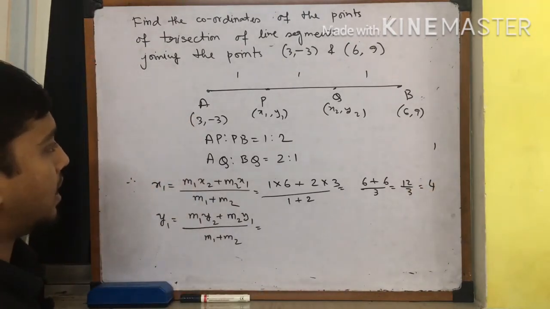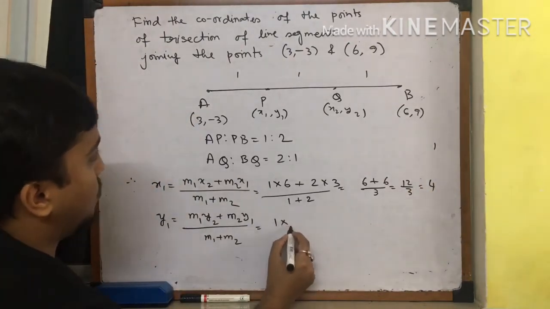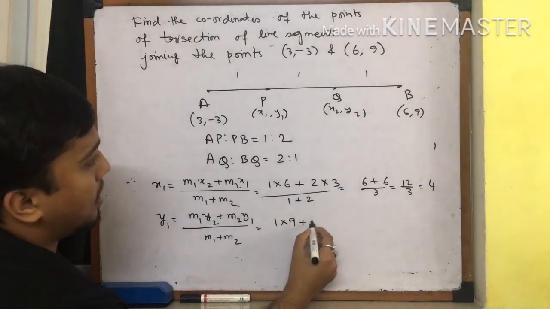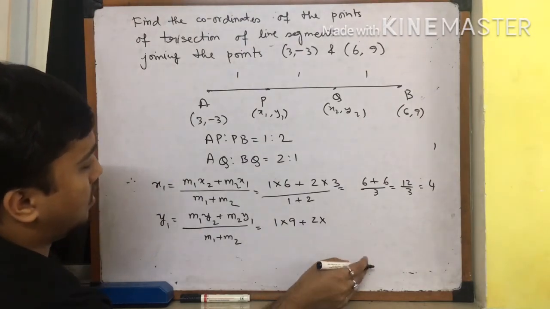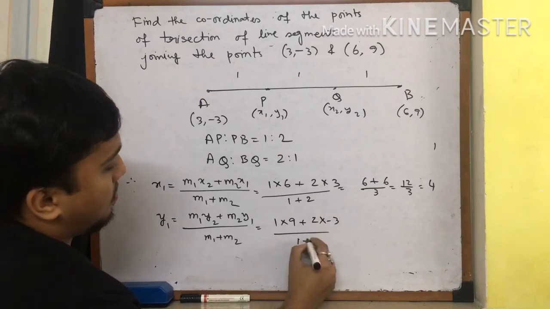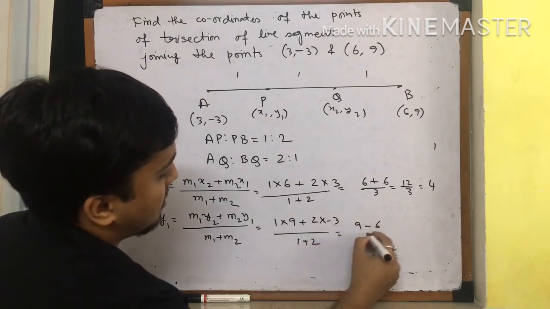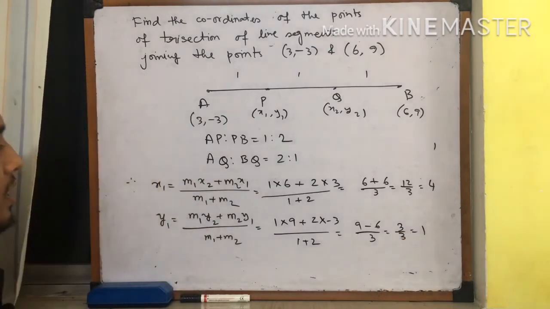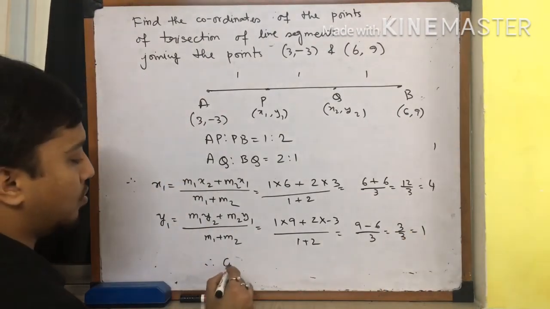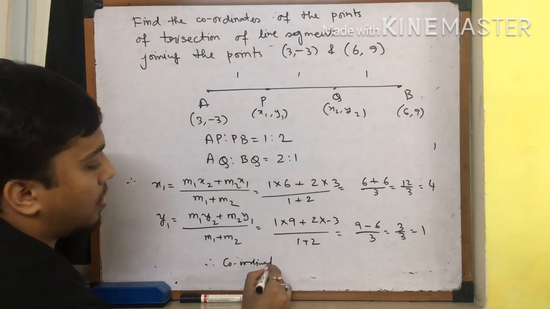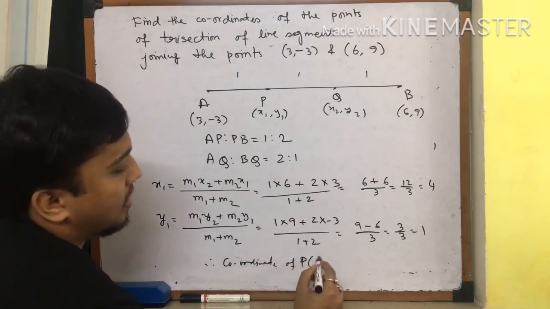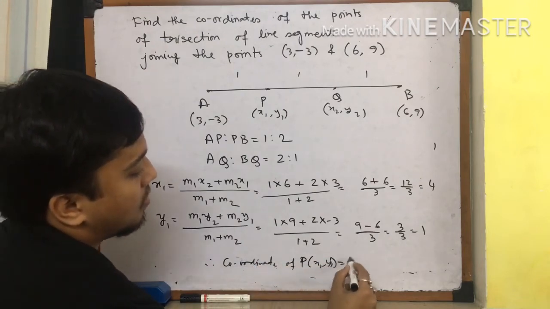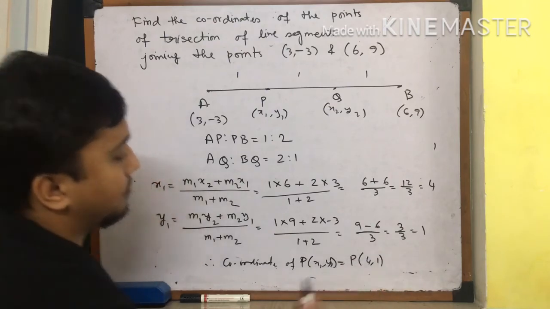And y1 is 1 into 9 plus 2 into minus 3 by 1 plus 2, that is 9 minus 6 by 3, that is 3 by 3, which is 1. Therefore the coordinate of P is 4 comma 1.